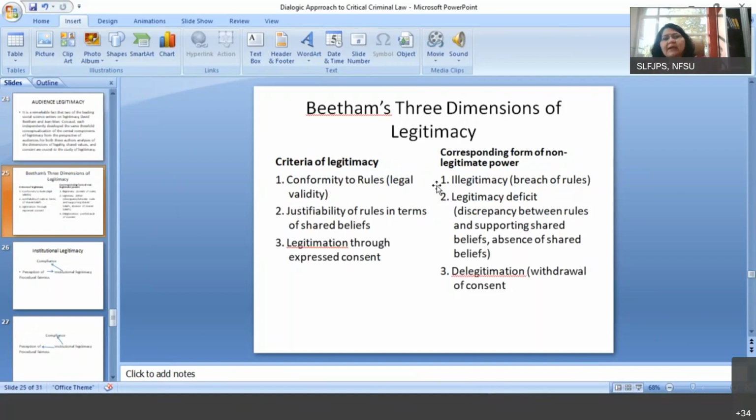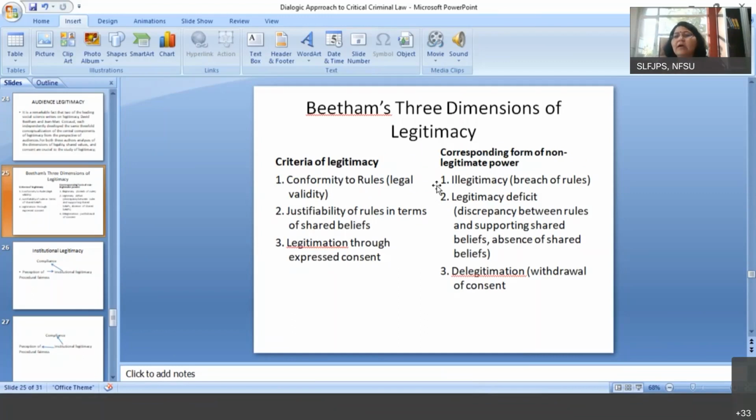On the basis of that, you may decide this. When we talk about the criteria of legitimacy, the first thing that comes into the picture is conformity to the rules, which is all about legal validity. Then comes justifiability of the rules in terms of shared belief. The shared belief becomes very, very vital. There are so many things wherein there is no shared morality.